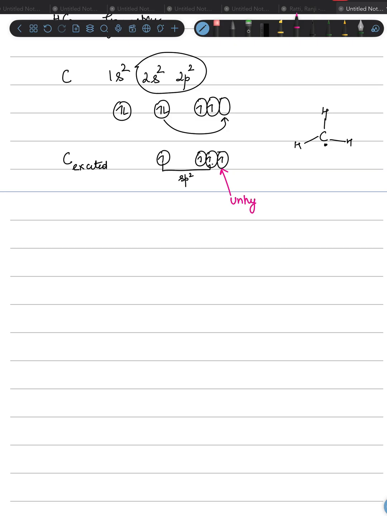The unhybridized p orbital has the odd electron. And because of sp2 hybridization, the geometry would be trigonal planar. Not exactly trigonal planar, but more closely related to a shallow pyramid.